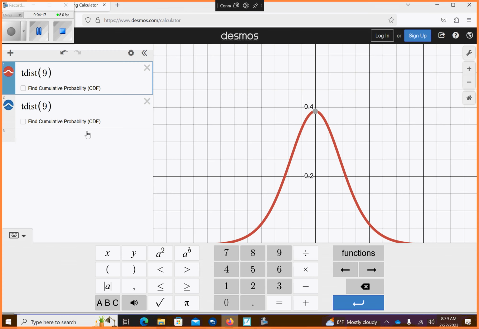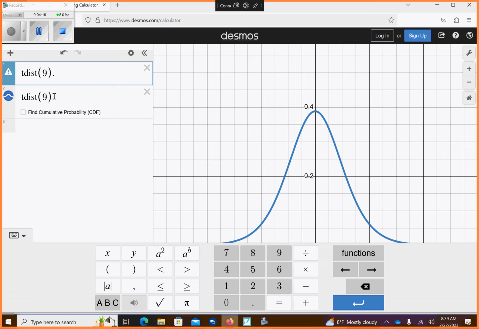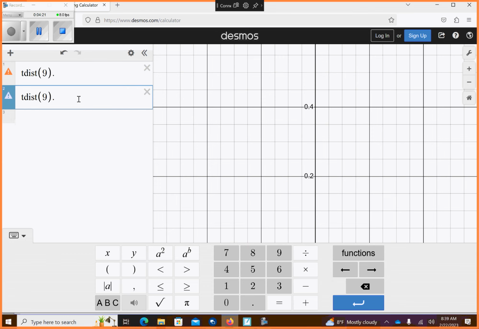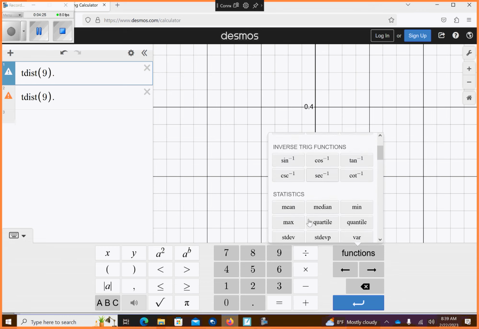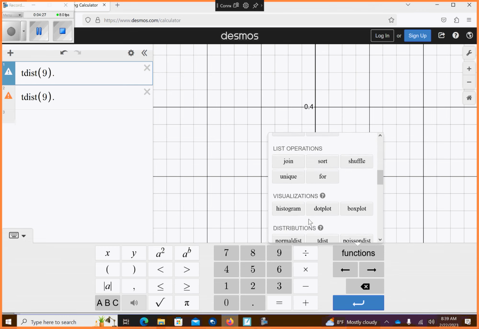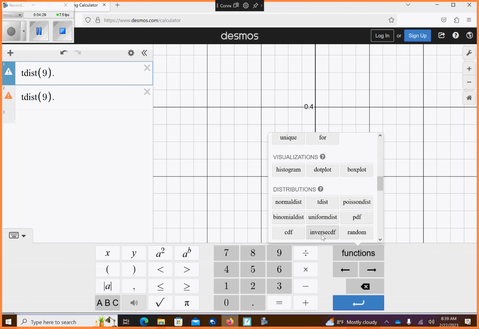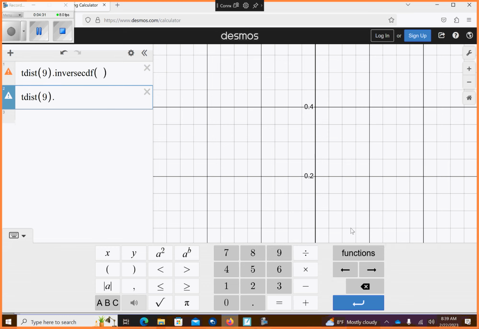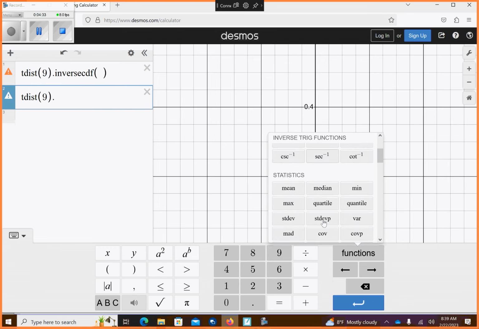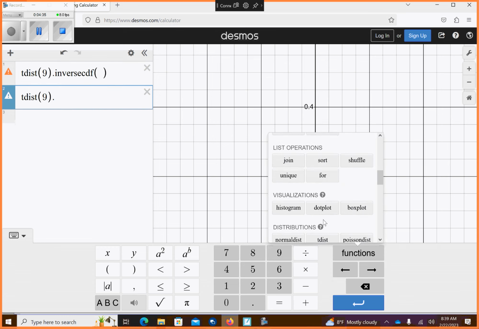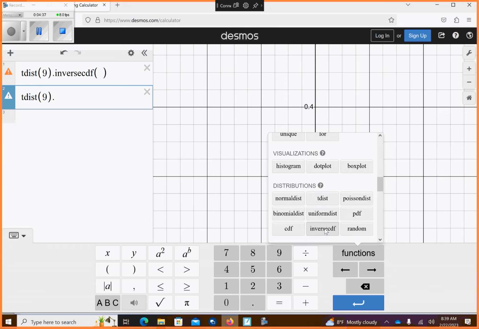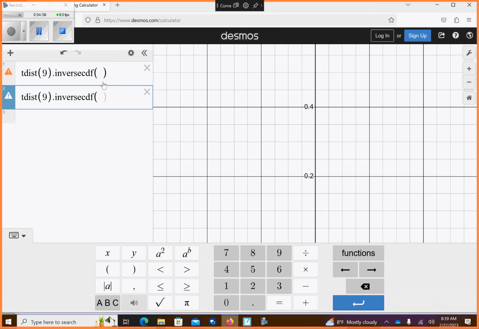Okay, so I'm going to go period and period. So both distributions are going to go away. And I'm going to go, I believe it's inverse CDF for both of them. Okay, and then my 95% halfway to 100 was 0.975.